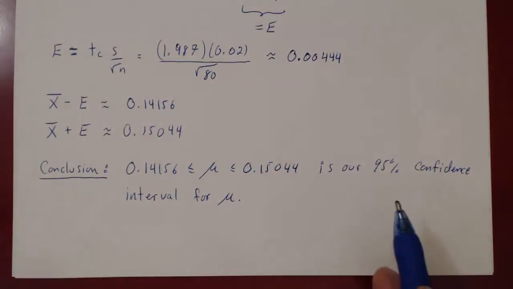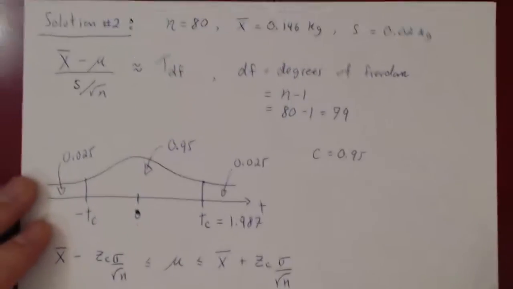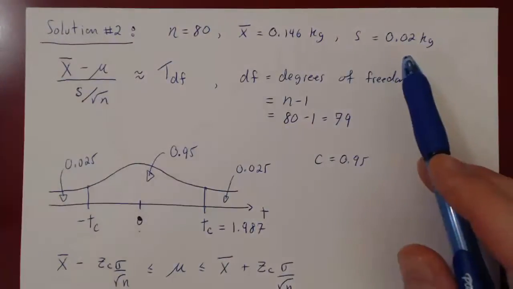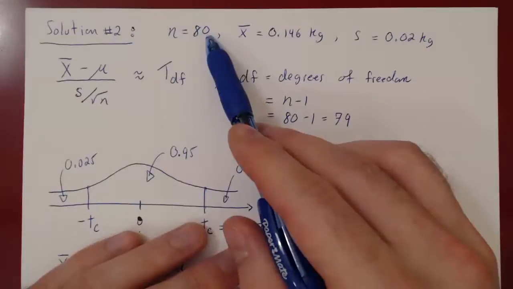So what we can say now, and imagine how powerful this statement is: we took a sample of 80 apples only, and here in our second solution, we did not cheat. Everything we used was from the sample that we have collected. We sampled 80 apples.